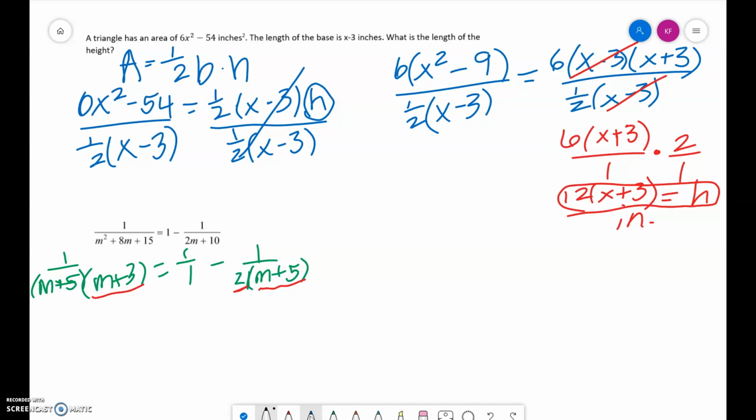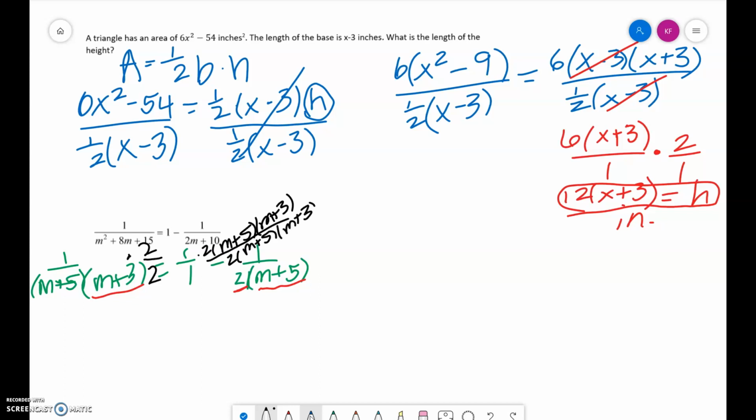So this needs to be multiplied by 2 over 2. Now our 1 over 1 is missing all of it. So this needs to be multiplied by 2, by m plus 5, and by m plus 3 over 2 times m plus 5 times m plus 3.